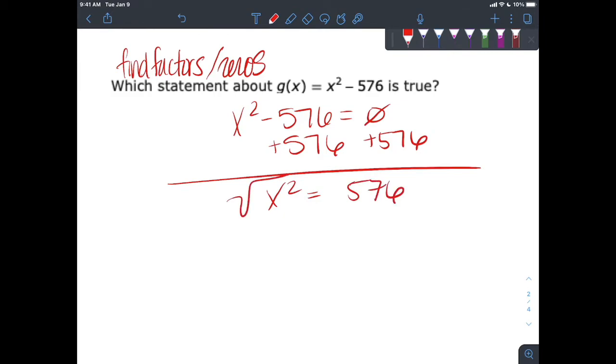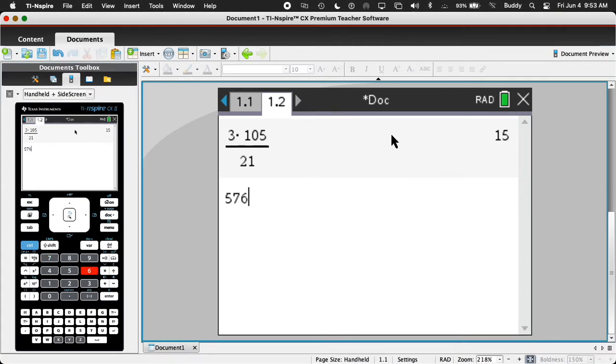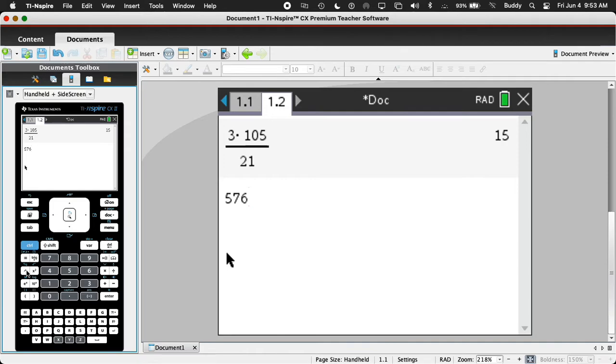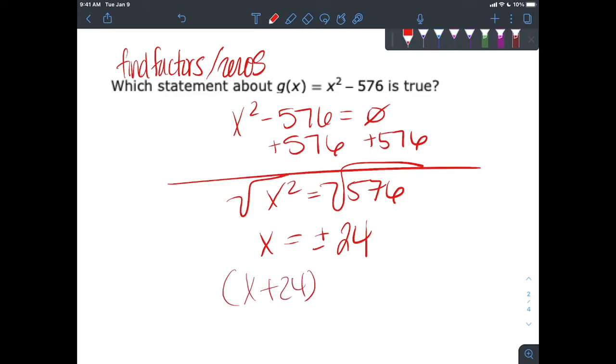Then I can take the square root of both sides, and I'll get my two zeros. And I find out that x is equal to plus or minus 24, meaning I have one that looks like this and one that looks like this.